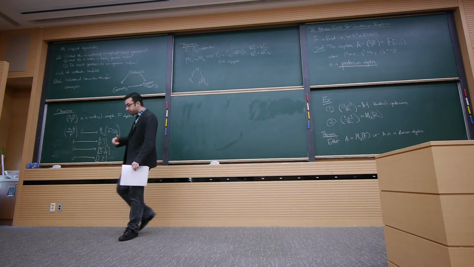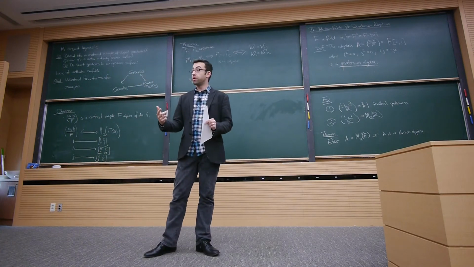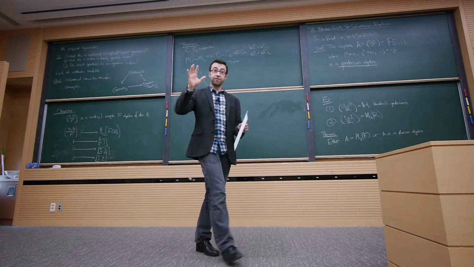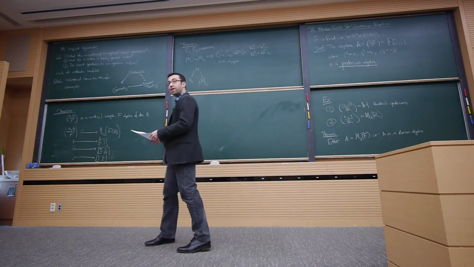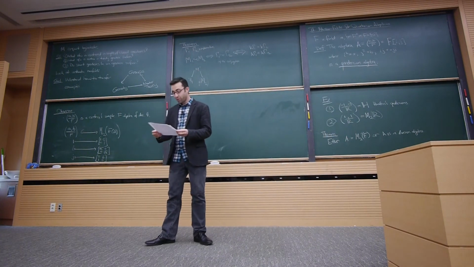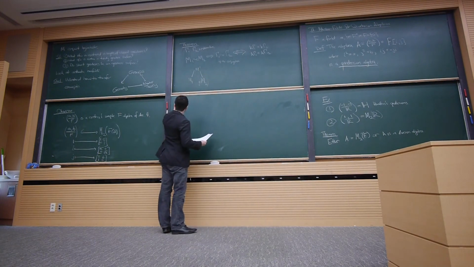So now, we're particularly interested in quaternion algebras over number fields. So we want to give a little bit of terminology for number fields, and then we'll be ready to roll. All right, a few definitions here.